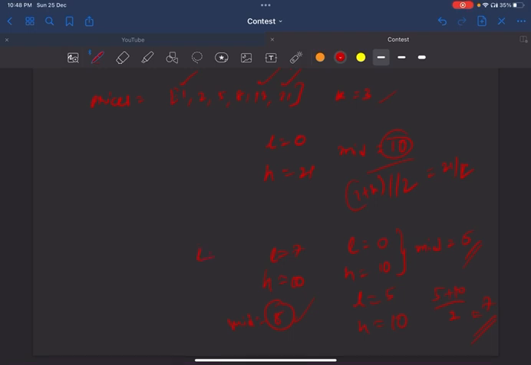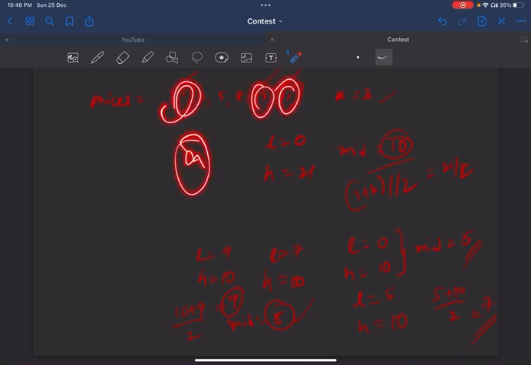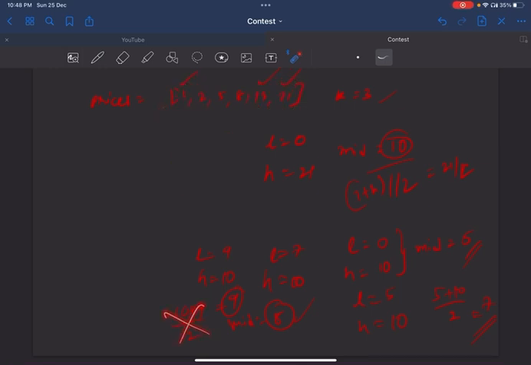So L will be 9 and H will be 10 again, and 10 plus 9 by 2 is 9. You cannot form a basket of size 3 by considering 9 as the absolute difference. So 9 is not a possible answer. 10 can also not be a part of it; if 9 is not an answer, 10 is also not an answer. So 8 is the largest answer we can have.